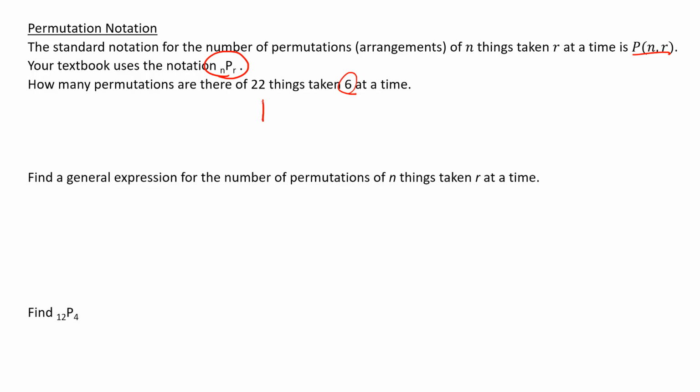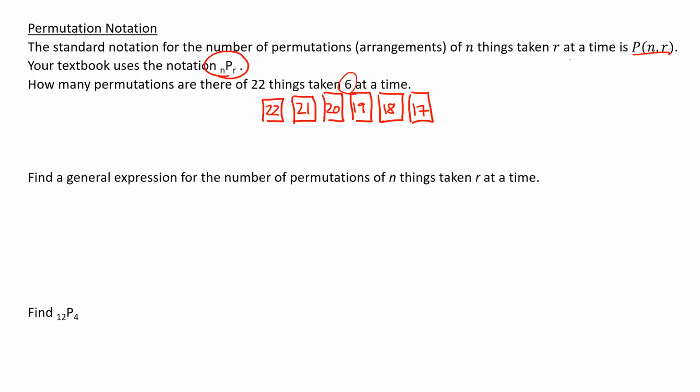So I have 6 spaces to fill, and I'm choosing to fill them from these 22 things I have. For my first choice, I have 22 possibilities, and then 21, then 20, then 19, then 18, then 17. So that is the number of permutations of 22 things taken 6 at a time.